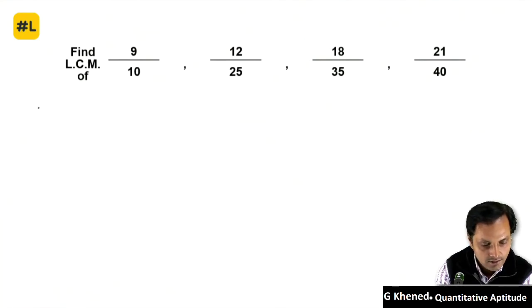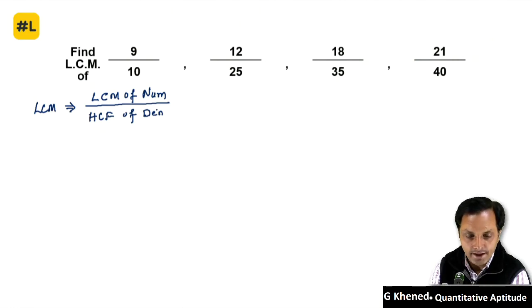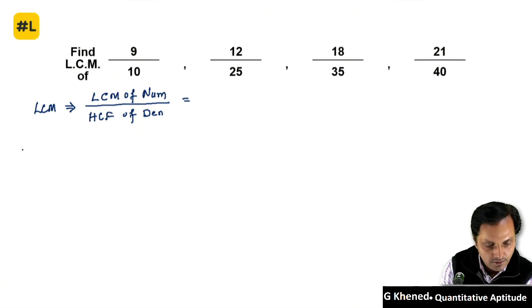So LCM will be equal to LCM of numerator divided by HCF of denominators. So how to find the LCM of numerators?